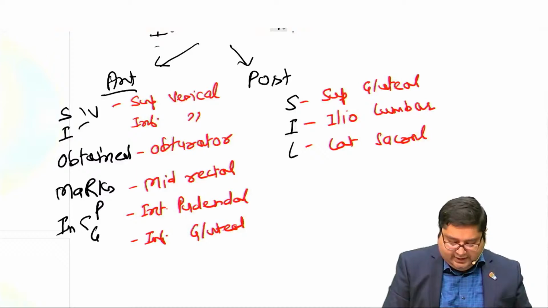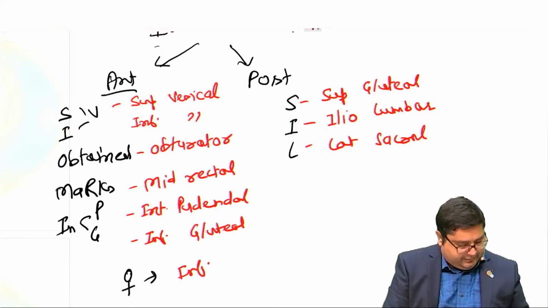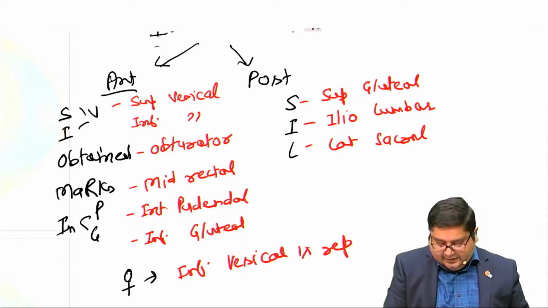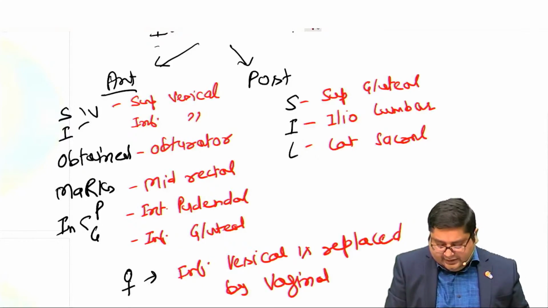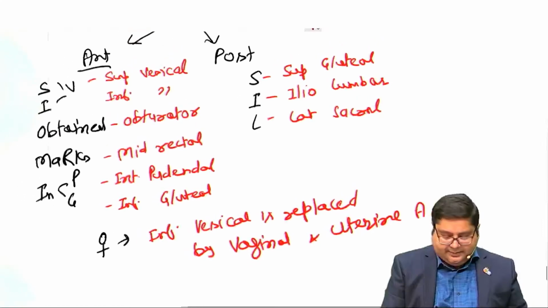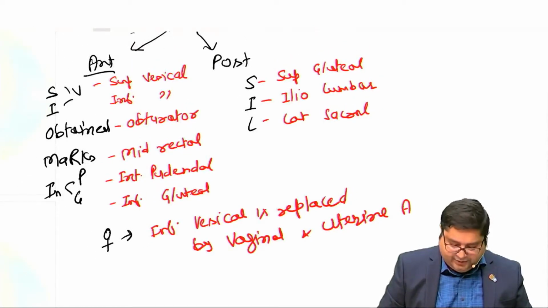That's why in case of female, the inferior vesical artery is replaced by the vaginal artery and uterine artery, like that. So far so good.